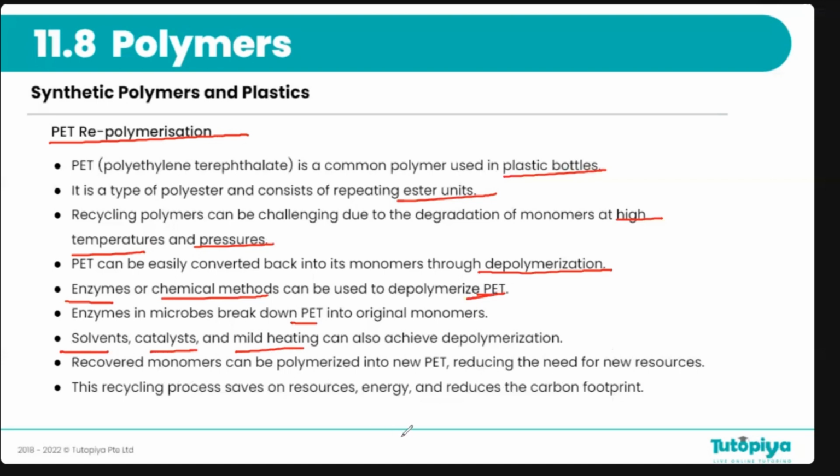And then these recovered monomers can be used again to make PET polymers, new bottles, without creating waste. This reduces waste and also reuses resources. So PET is one of the most sustainable synthetic polymers out there. It has a smaller carbon footprint and it produces less of a garbage problem for the environment.